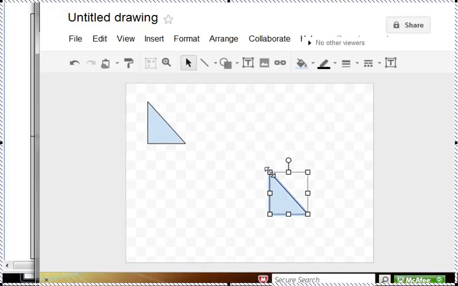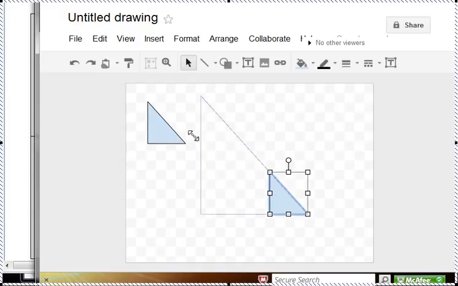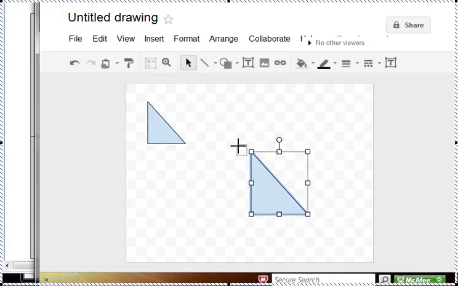Now, if I were to move this around like this, yes, they're both triangles, but they're not similar, because they don't have the right proportions. What I would have needed to do is move this around, but hold the shift key down. Have you ever done that? If you try it in pretty much any program, move the corner and hold the shift key down.